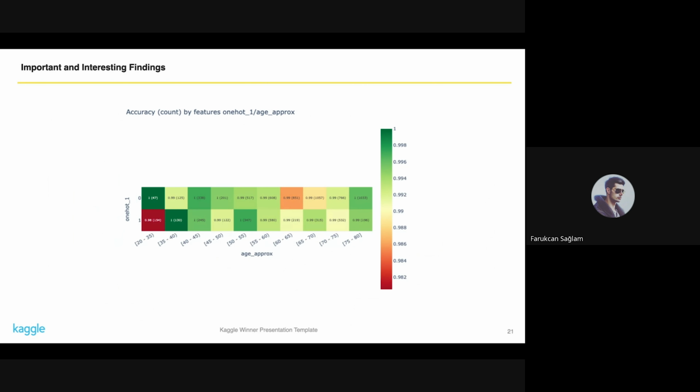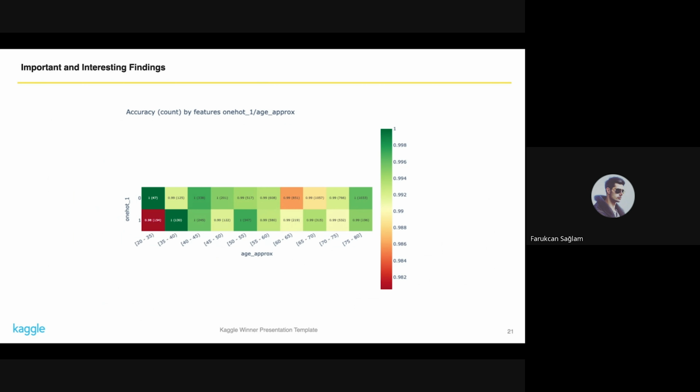One hot one means gender on the y-axis, zero means male, and one means female. You can see how model performance changes over different age segments and different genders.